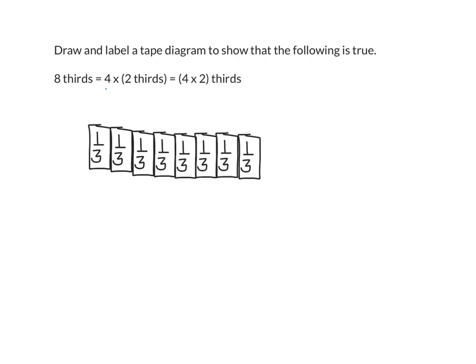Now it's asking us to prove that that's equal to 4 copies of 2 thirds. So here's 2 thirds. Here's another 2 thirds. Here's another 2 thirds. And here's another 2 thirds. So do you agree that that's 4 copies of 2 thirds? Go ahead and bracket them so you can show that this is equal to 4 copies of 2 thirds.